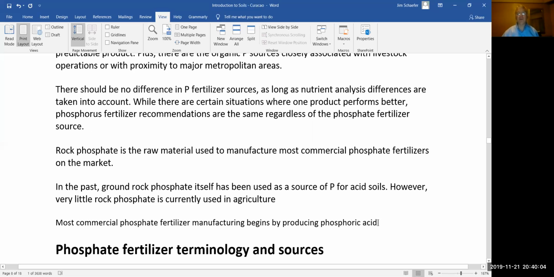Residues of phosphoric acid go into your soil when you use phosphate sources that have been chemically treated with phosphoric acid. That can be a big negative because phosphoric acid will kill the biology of your soil. Okay, I'm going to stop there.